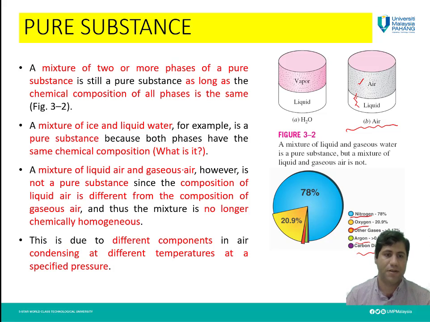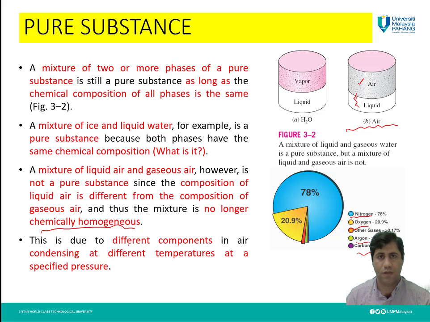liquid air. So a mixture of liquid air and gaseous air, however, is not a pure substance, since the composition of liquid air is different from the composition of gaseous air, and thus the mixture is no longer chemically homogeneous. This is the first condition to consider in deciding whether a mixture is a pure substance or not.